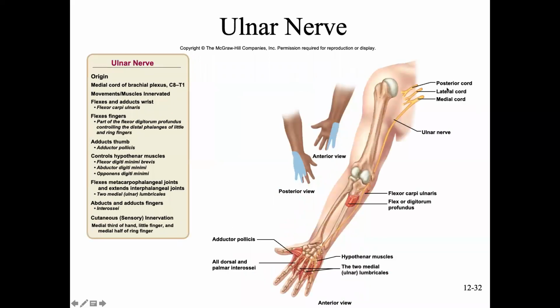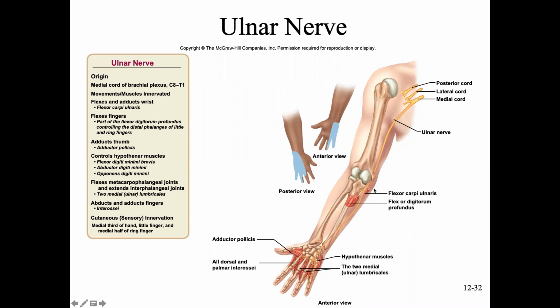Next, ulnar. This is our funny bone when you hit it. From the medial cord, right? And what we're going to see is that it's the ulnar nerve even way up here. Once you form it, it's called the ulnar nerve all the way down. It's going to allow us to activate the main flexors of our fingers. Musculocutaneous, flexion of the elbow and shoulder. Flexion of the fingers, flexor digitorum profundus, right?